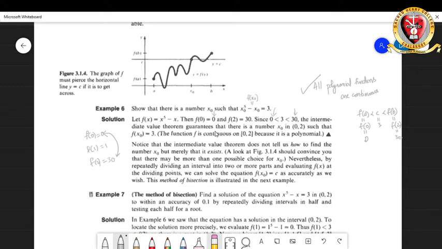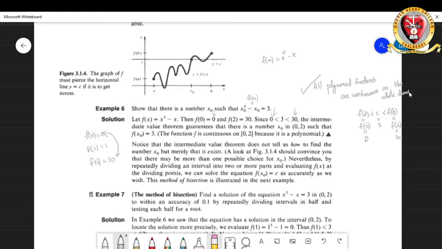So our question is solved, and note that f of x equal to x raised to 5 minus x is continuous on the whole domain. All polynomial functions are continuous on the whole domain.